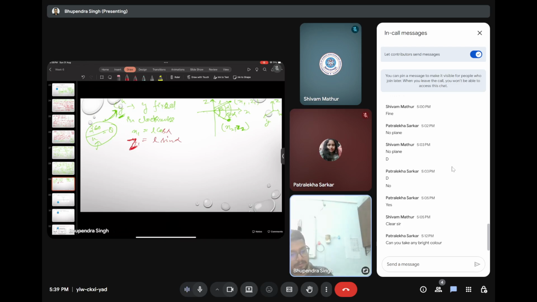Now, what will the new coordinates be? x2 will be L cos (theta minus alpha), because this is theta minus alpha. This is full theta. Right?